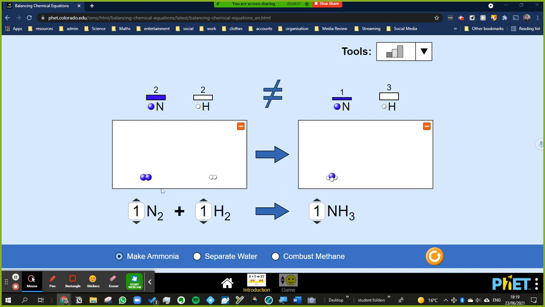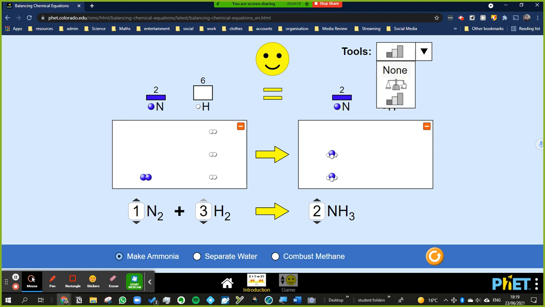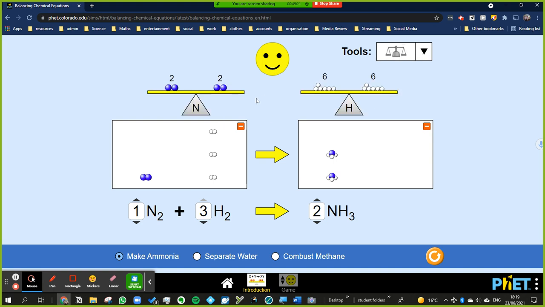The nitrogens are a lot easier to balance because you've got 2 over there and 1 over there. So we can balance the nitrogens first. Once we're done with balancing those, we've got just the hydrogens left to balance. We've got 2 of that, 6 of that. So we get 3 lots of this, and it's all balanced, you see? By looking at any one of the tools, you see the hydrogens are balanced, the nitrogens are balanced.